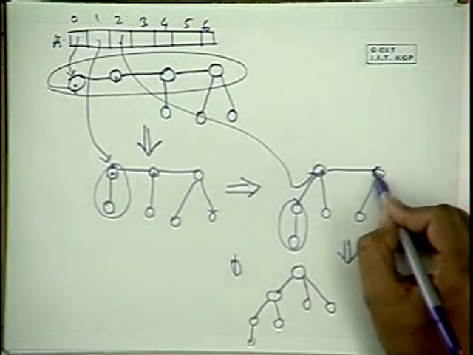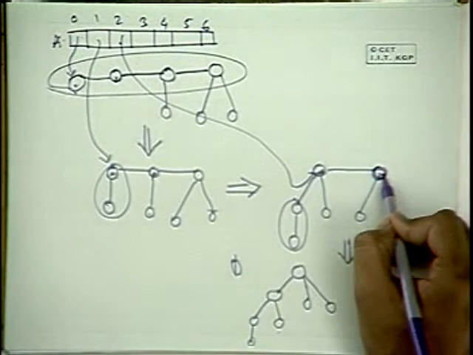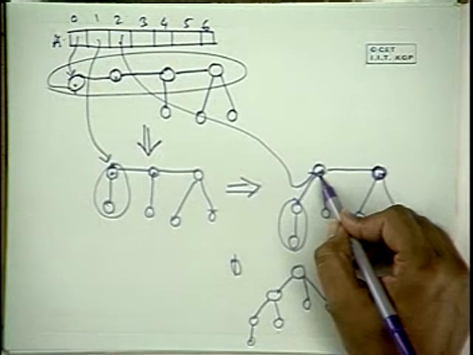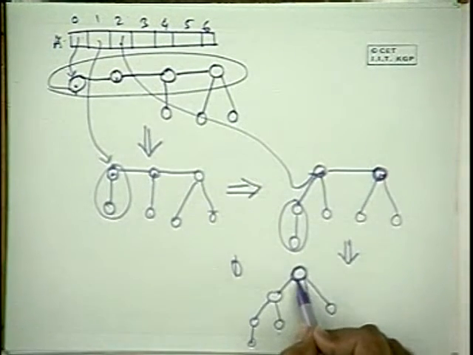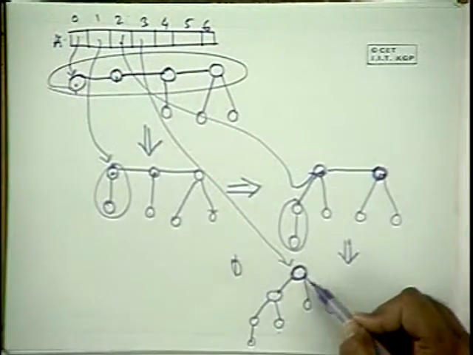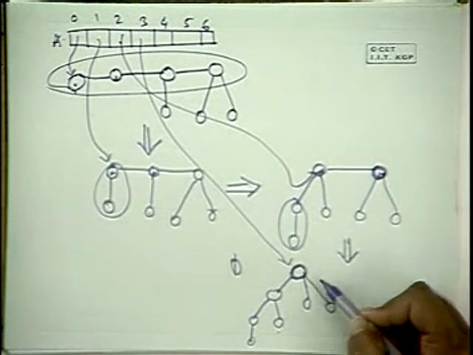This is the root. I am assuming that this has a higher value than this one, otherwise this will be just a child of this one, the way we have just assumed. Now this has degree 3, so A3 will point here, and we have nothing left to scan. So this is the operation I just described.